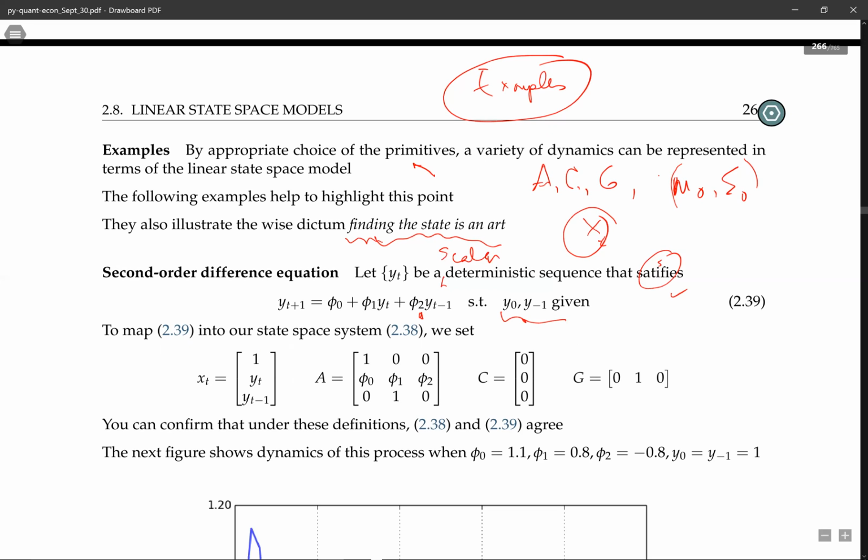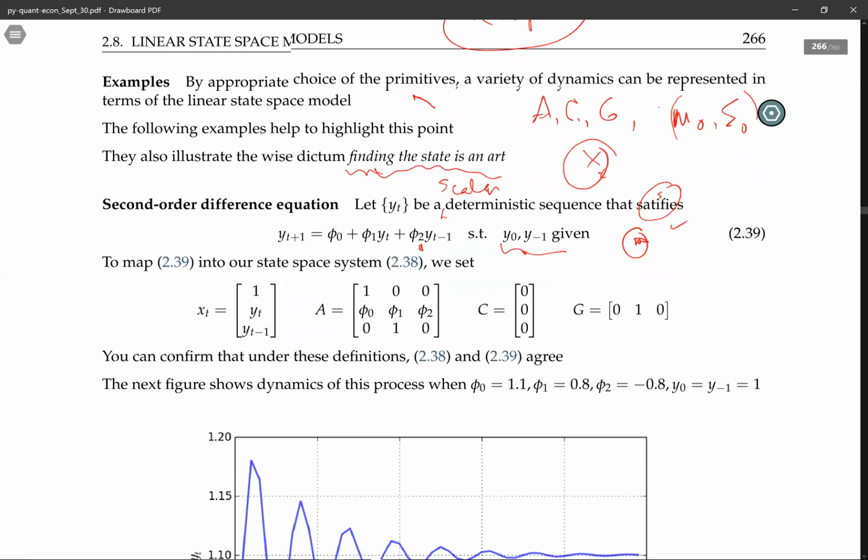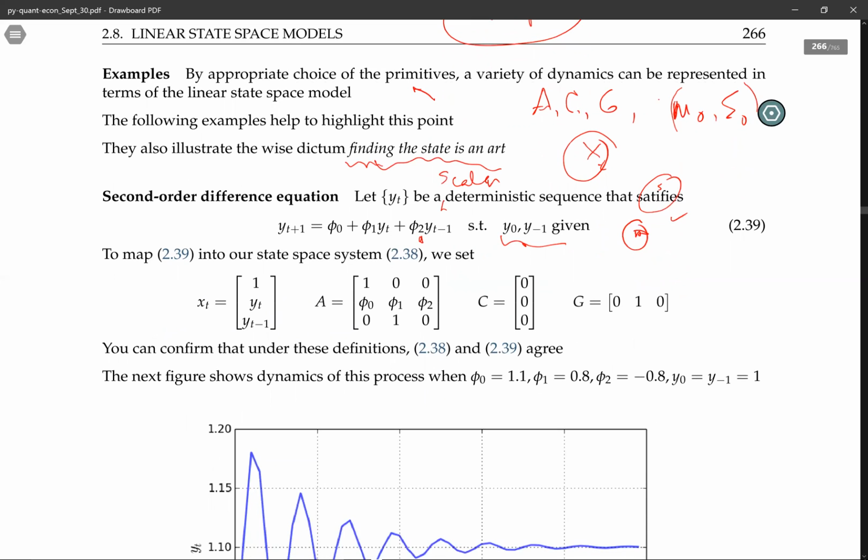So if we take what Samuelson had and we want to map it into our state space system, how do we do it? Well, finding the state is an art. Check this out. I'm going to define XT as equal to 1, YT, and Y_{t-1}. So YT is a scalar.